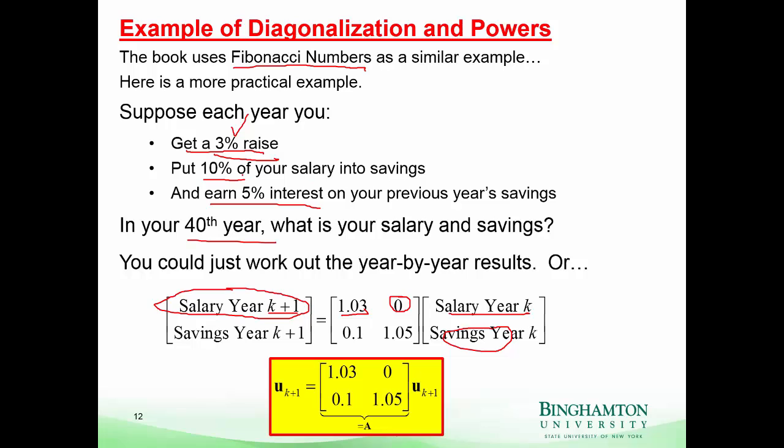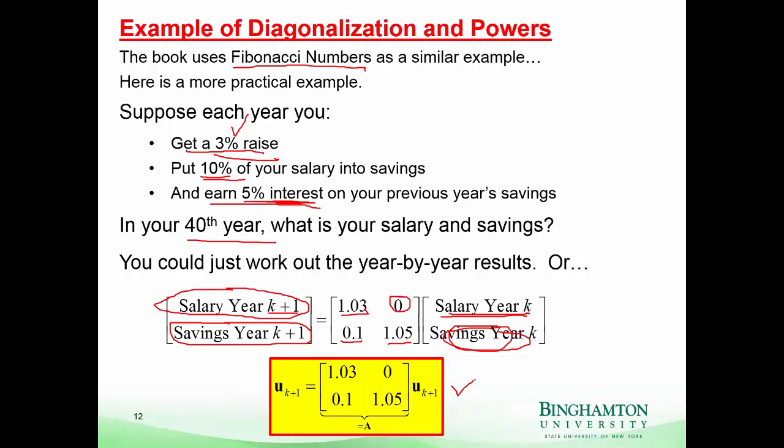What's going into your savings? Every year you put 10% of your salary into savings. So 0.1 times your salary goes into savings for the next year. But you also get 5% interest on your previous year's savings. So your previous year's savings gets multiplied by 1.05 to capture the 5% interest.